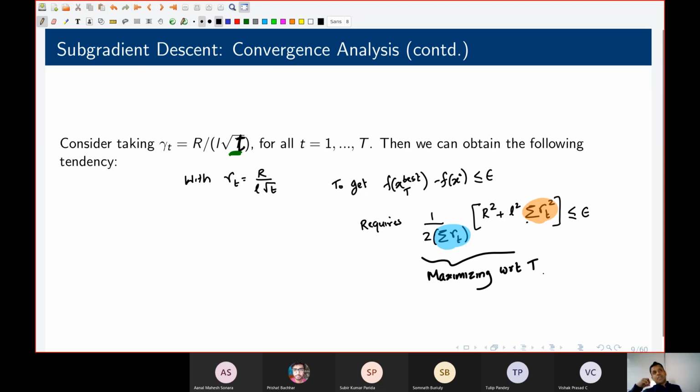So what will you get then? Should you maximize or minimize? Again, there's a question. Okay, those on the call could also suggest here. What would you do?